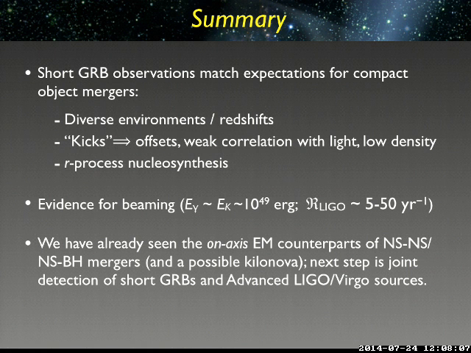The other possibility is following up LIGO sources. All the numbers that I showed in terms of how deep you have to go assume that you only need to cover 100 square degrees, which I think is doable. If we need to start covering hundreds or 1,000 square degrees, then none of these telescopes can cover that entire area to the required depth in the required amount of time. So it might not be feasible to detect these sources in the early days of LIGO.